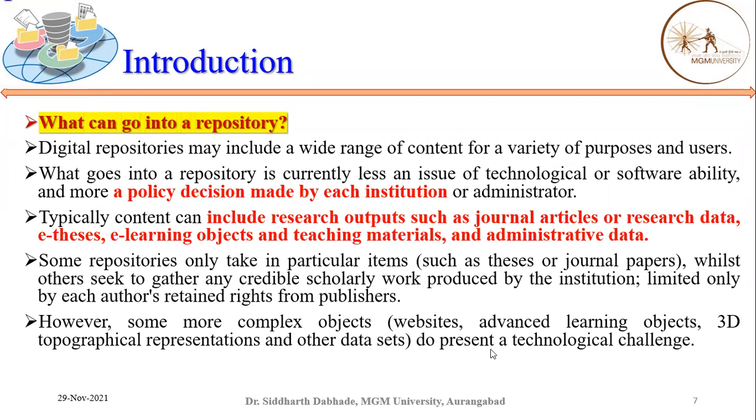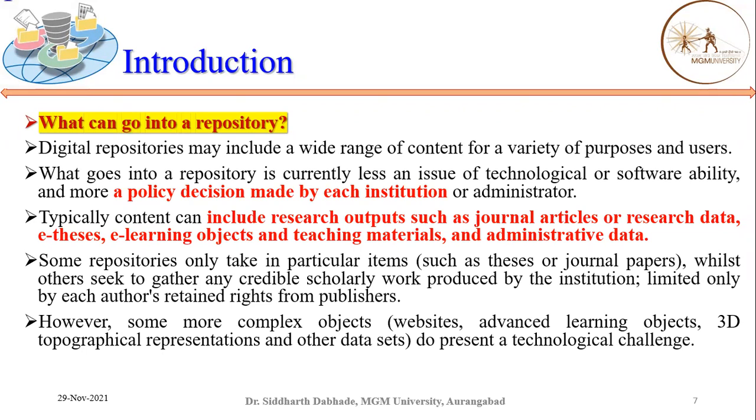It may be useful for the decisions made by each institution. It has a very wide range of content for a variety of purposes and users, so it depends upon what kind of users are going to use it. Then we are able to make effective use of this digital repository in the research domain.